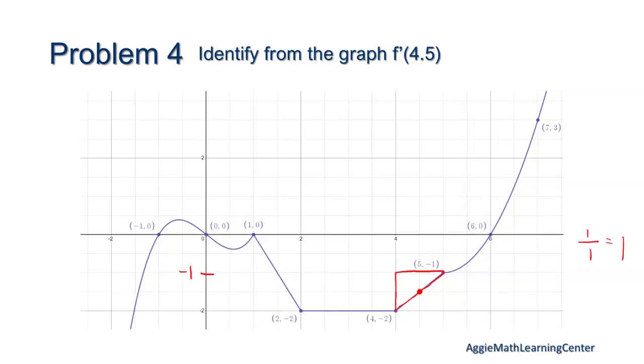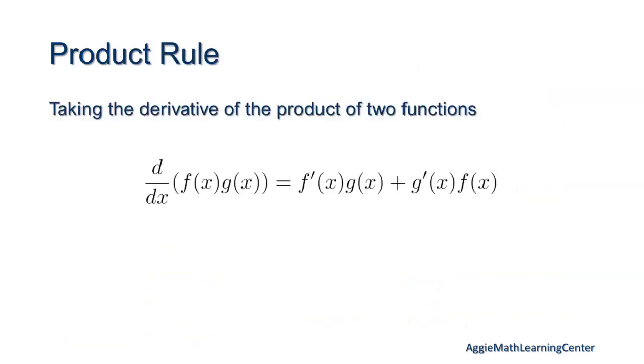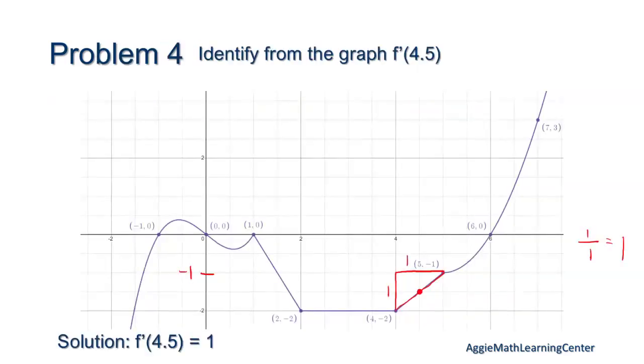Does that make sense? Yeah. So it's just my triangle. You're just going to draw a little triangle there, and that'll give you the slope. Just make sure that you know the units, though, because that obviously messed me up 5 seconds ago. Sweet. Okay. F prime of 4.5 equals 1.